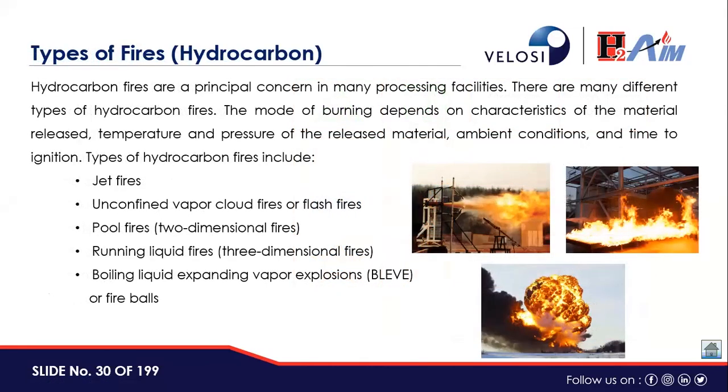Now, types of fires which come mainly from hydrocarbons in the industry. We will normally cover two fires more. One is jet fire, another one is pool fire. Jet fire is normally in high pressurized equipment, mostly with gas, and it could also be with liquid sometimes if pressure is high.